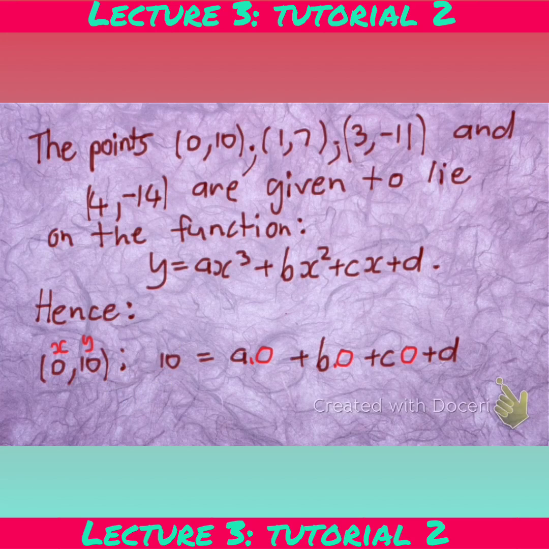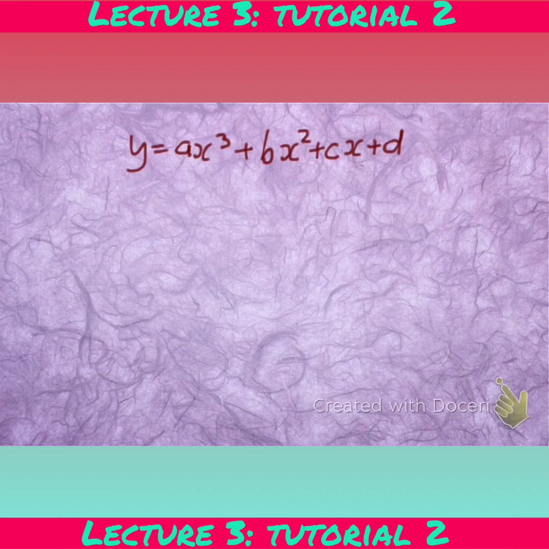So making y equal to 10, the left-hand side must equal the right-hand side. On the right-hand side, we get d. So we've solved our first unknown: d is 10. So our cubic function becomes ax cubed plus bx squared plus cx plus 10.